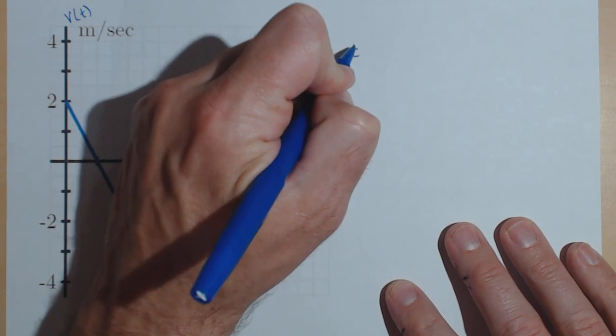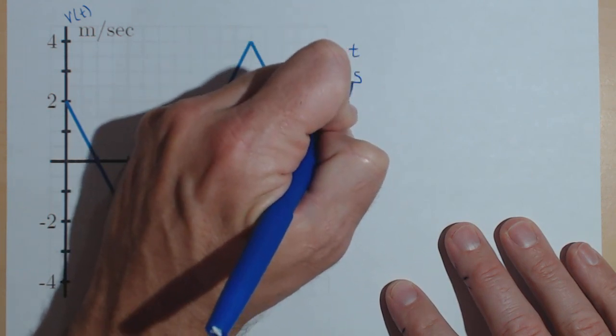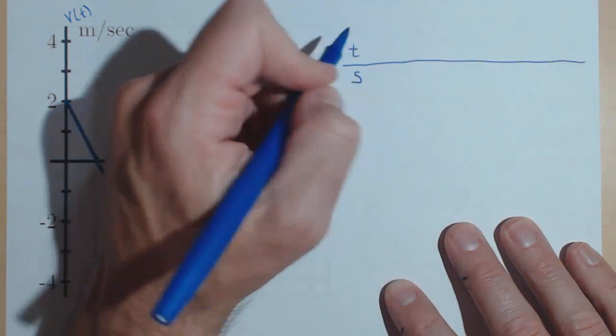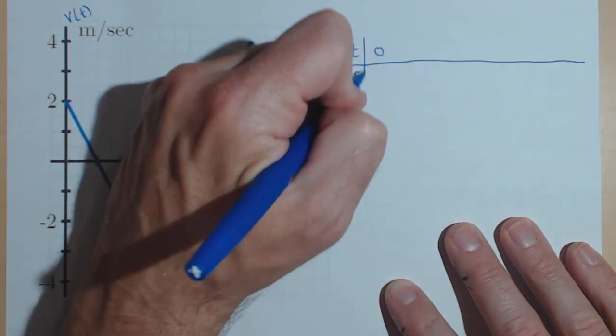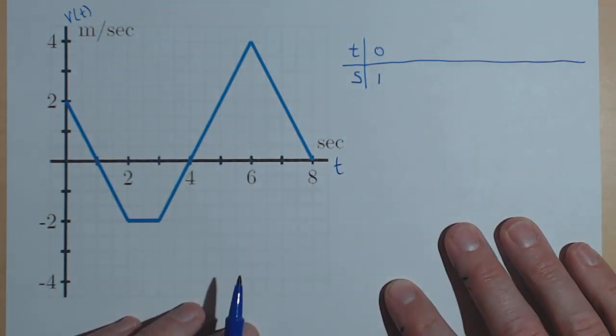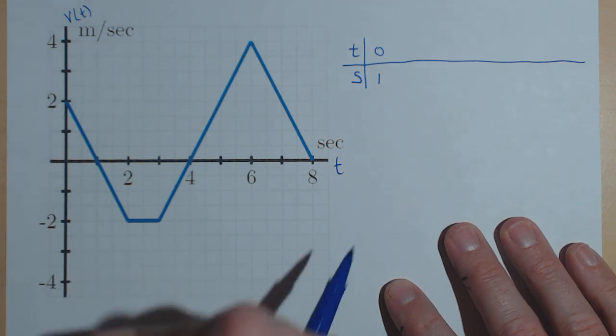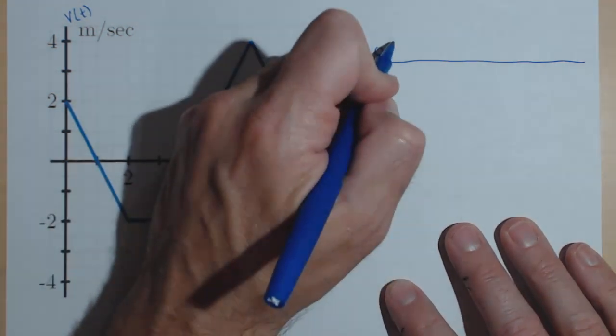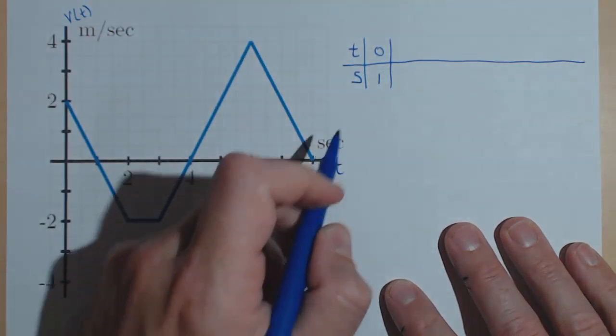So we can look at particular time intervals and see what their position is. Now we are given that at time 0, this person is at 1 meter from some point. Now what we're going to do is figure out their change in position for each additional second.